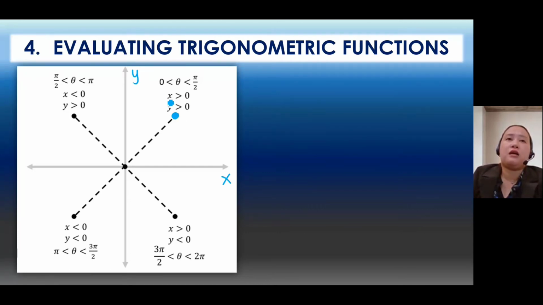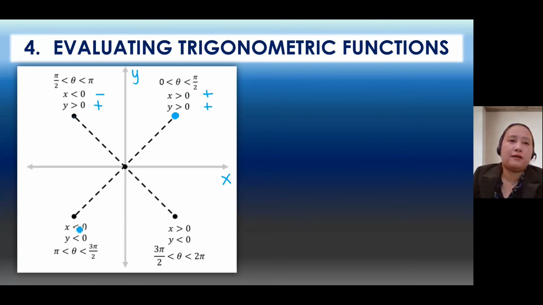As you can see, x is greater than 0, so it is positive. Y is greater than 0, y is positive. If the point is on the second quadrant, x is less than 0, which means x is negative, and y is greater than 0, so y is positive. So x negative, y positive.